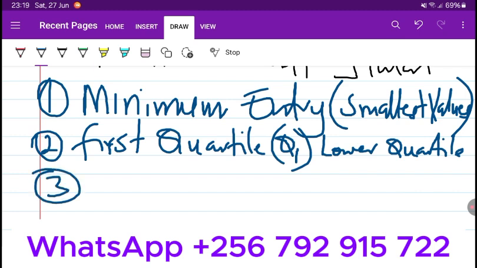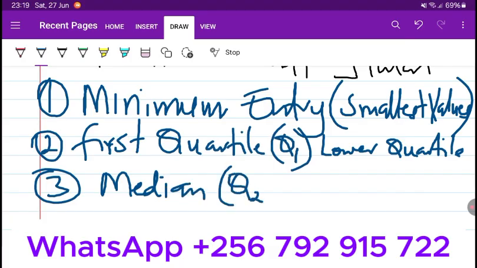The third number that you need to know is the median. The median is our Q2, the second quartile, which is the middle number, the number that is in the middle.